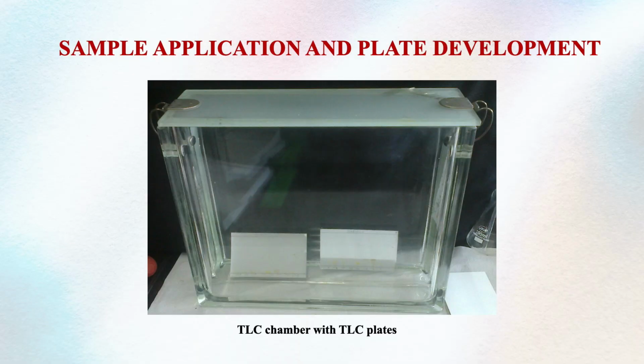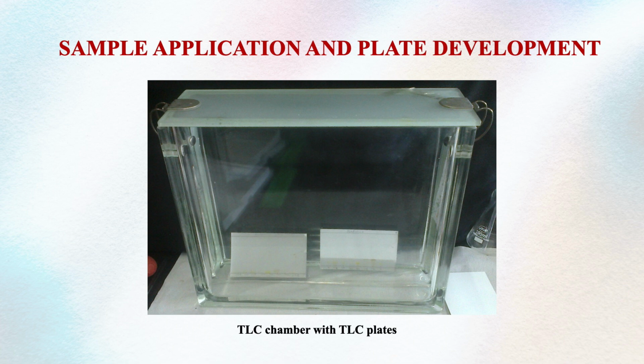Now you need to get your TLC chamber ready. Similarly, here also we are going to use different solvent systems, and we take the solvent system in a glass chamber, and into the glass chamber you introduce your TLC plates. Once you look at the figure, you can understand the entire setup, how it looks.